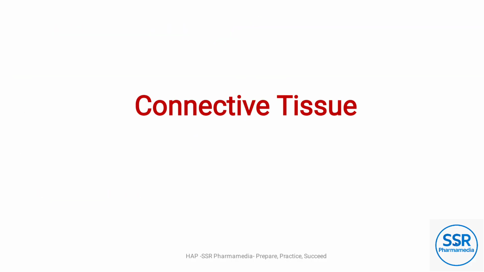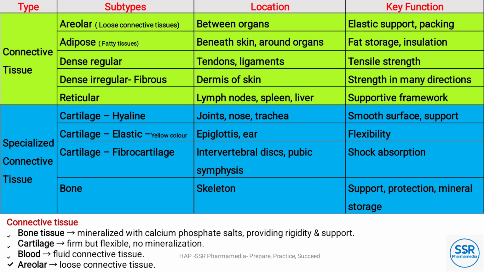Next tissue is connective tissue. We'll discuss connective tissue types: areolar loose connective tissue, adipose connective tissue, which is fatty tissue, dense regular connective tissue, dense irregular fibrous connective tissue, and reticular connective tissue.